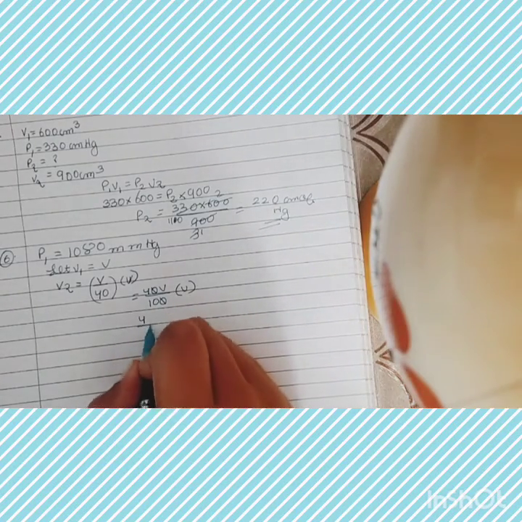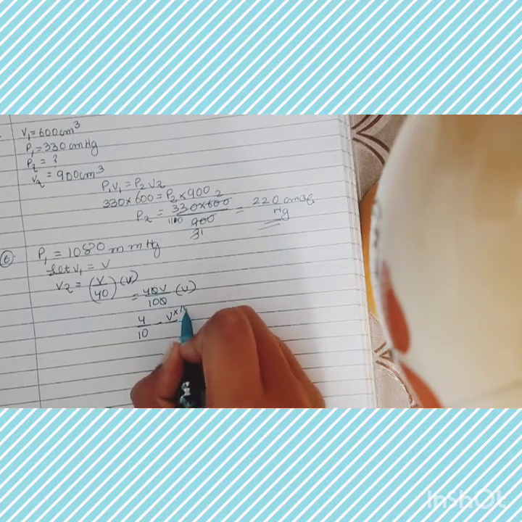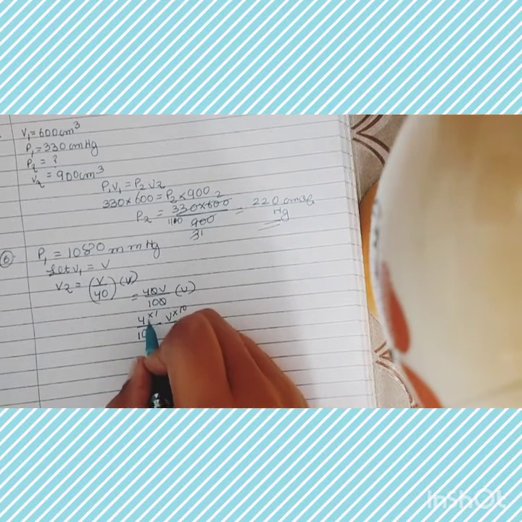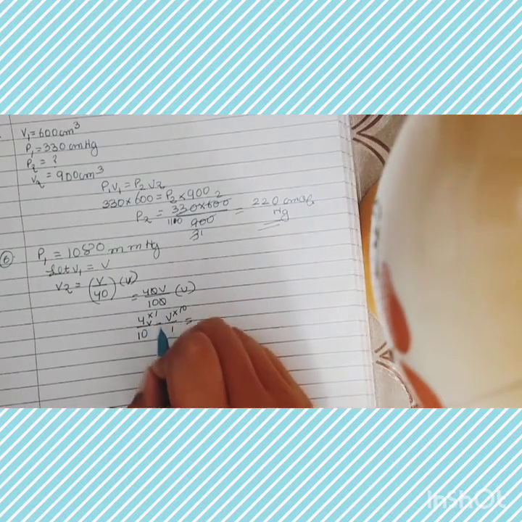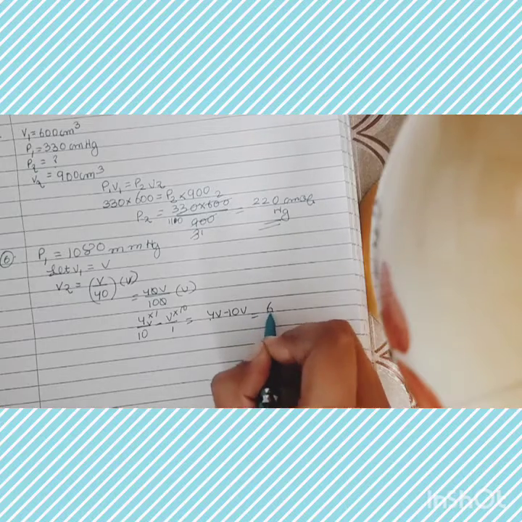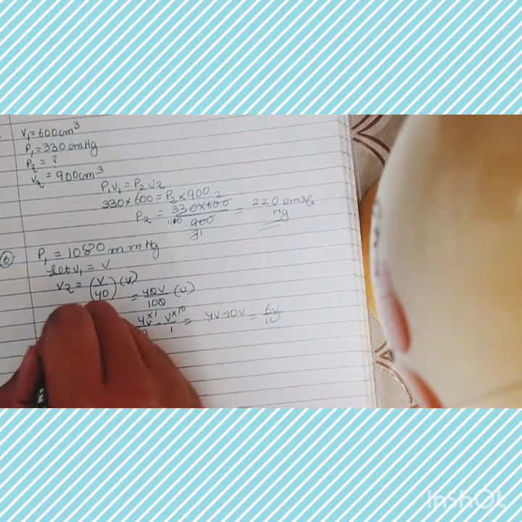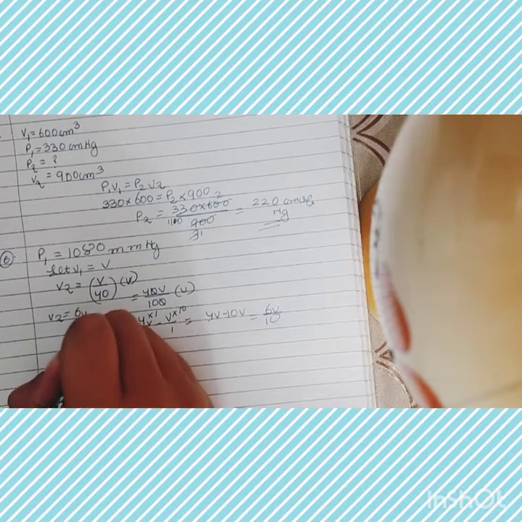So 4 upon 10 is the decrease. Now we take the LCM: 10V minus 4V, which is 6V upon 10. V2 is 6V upon 10. P2 we have to find.